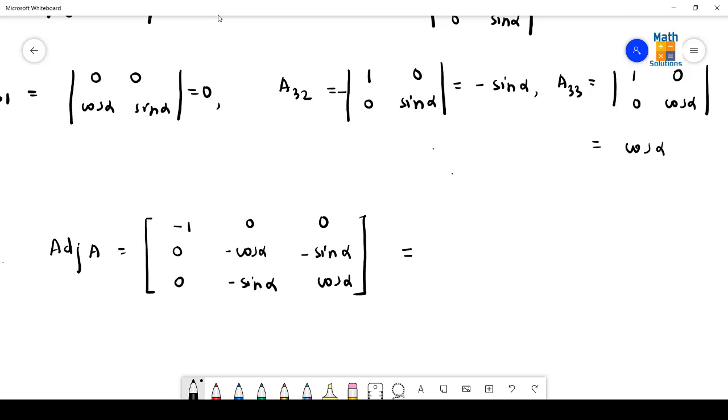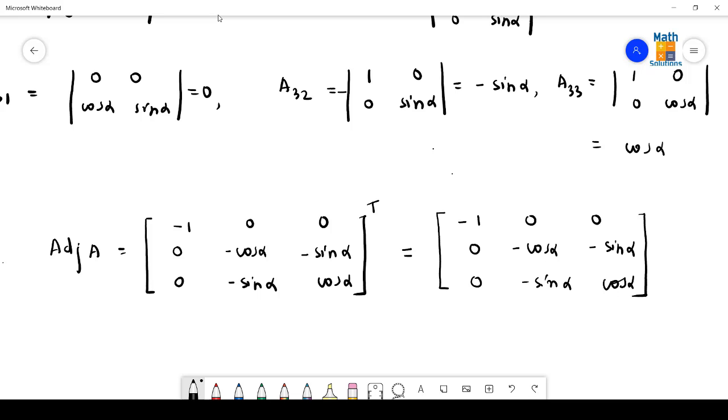After this we have to find its transpose, and then we get minus 1, 0, 0, then 0, minus cos alpha, minus sin alpha, then 0, minus sin alpha, then cos alpha.